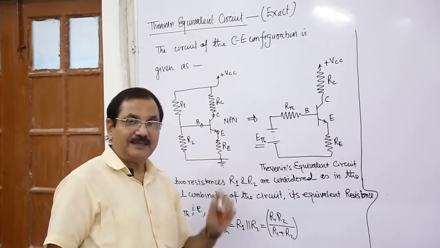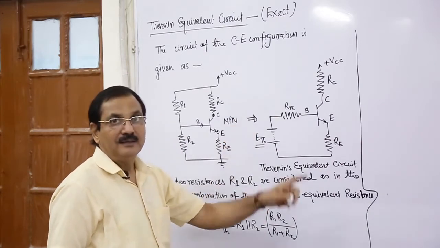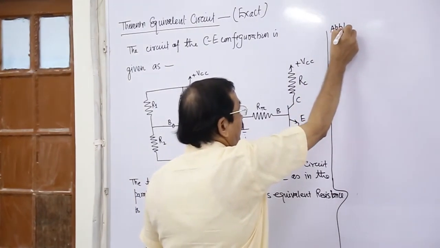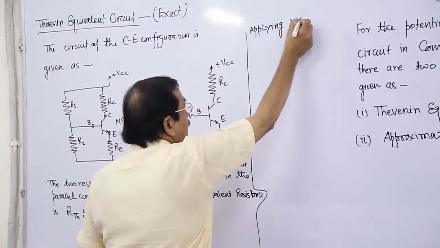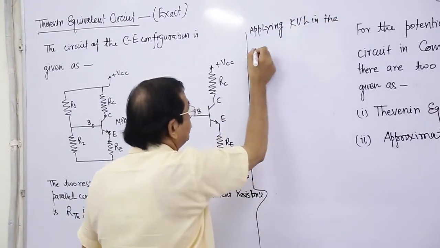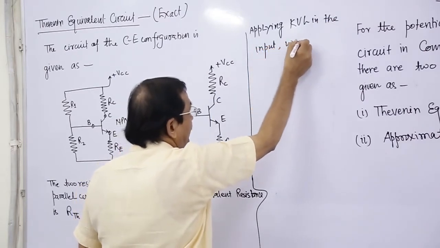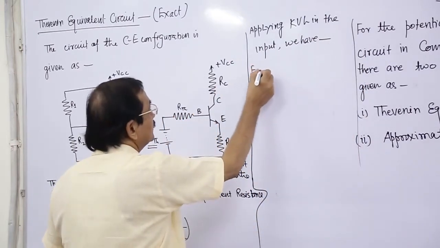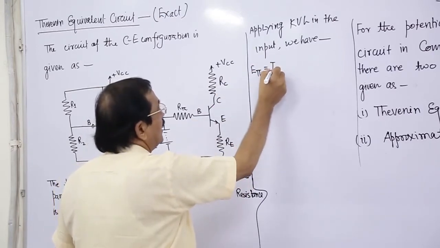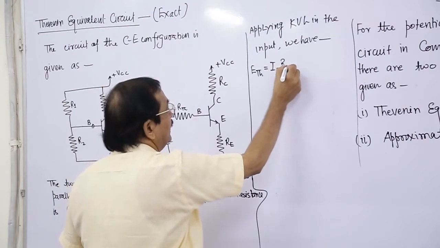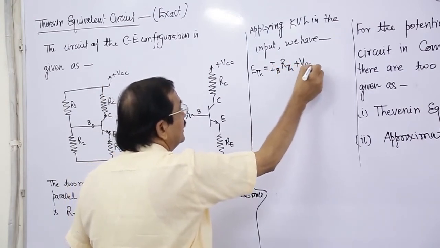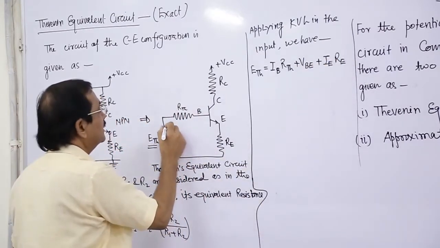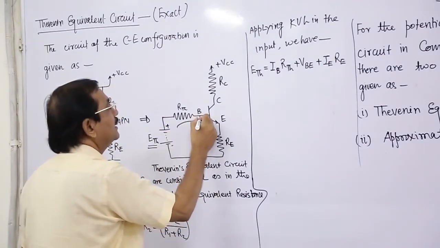If we apply Kirchhoff voltage law in this Thevenin equivalent circuit, in the input we have ETH equal to IB into RTH plus VBE plus IE RE.